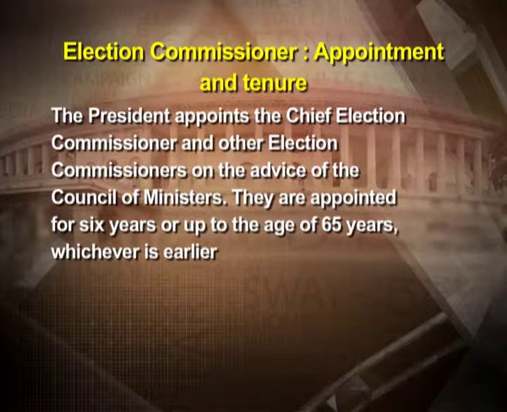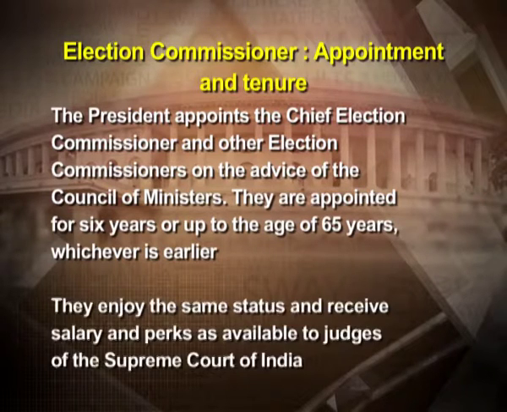If they complete 6 years, or if they complete 65 years, whichever comes earlier, they are to retire after that. And they enjoy the same status, and the salary and perks that are made available to them must be equivalent to those of the judges of the Supreme Court of India.